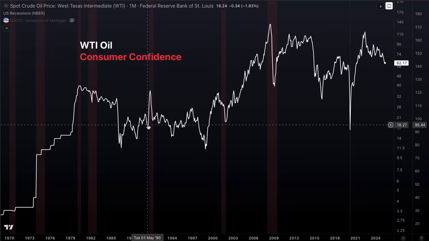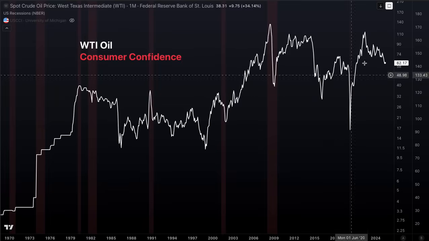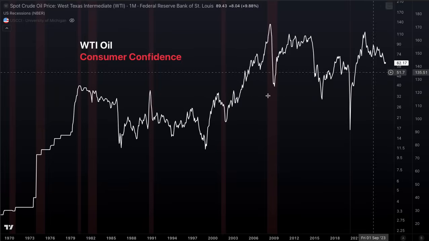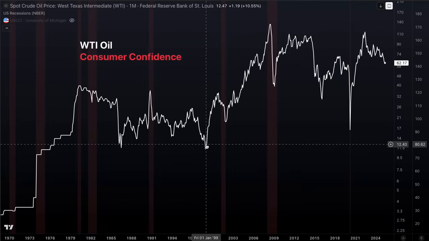Even here, the 1990 recession, oil went from $16 a barrel all the way up to $36 a barrel, right? It doubled. That would be the equivalent of $120 a barrel now. Even before the dot-com recession, which people think of as a tech-stock-led recession, and to some degree it was due to hyperfinancialization, which we'll get into in the second part, look at what oil did.